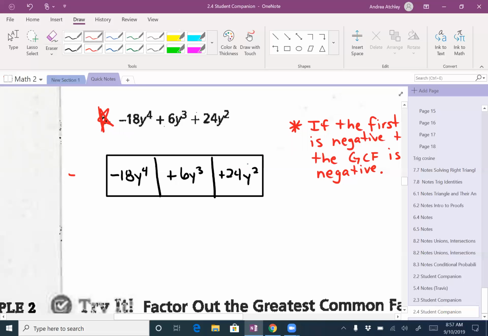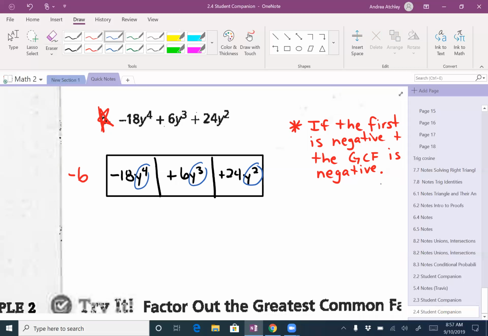I don't know anything else. Then we have to look and see what negative 18, 6, and 24 can all be divided by. 6. Then we look at the variables. I have y to the fourth, y cubed, and y squared. Remember, when we are dividing things with variables, we subtract the exponents.